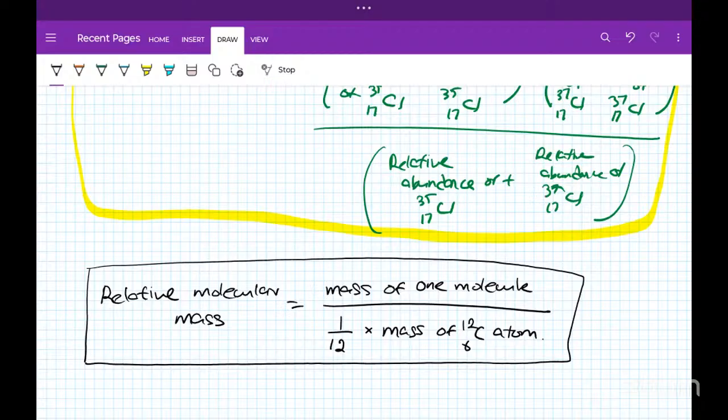Right. A subtopic: relative molecular mass. Put a bullet point and write down.